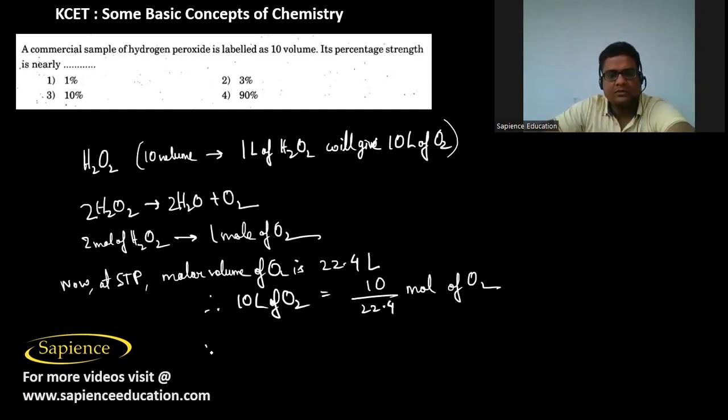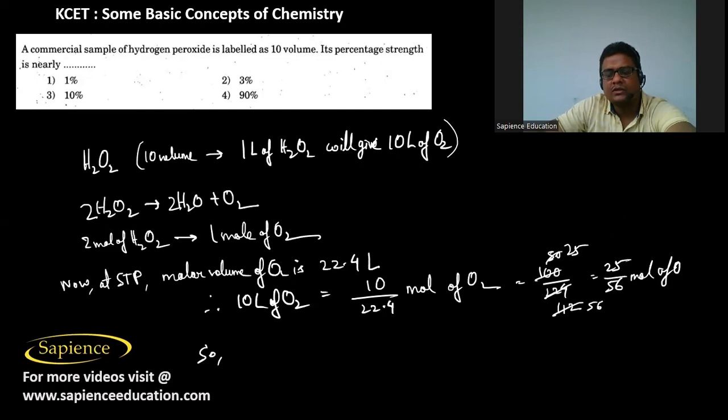Now, therefore, 10 by 22.4 moles of O2 is 100 by 224, which simplifies to 25 by 56 mole of O2.